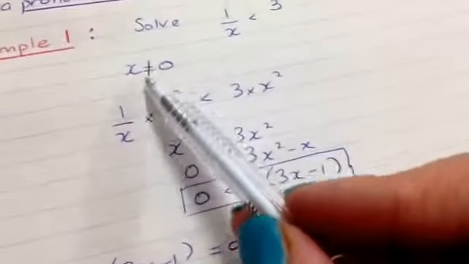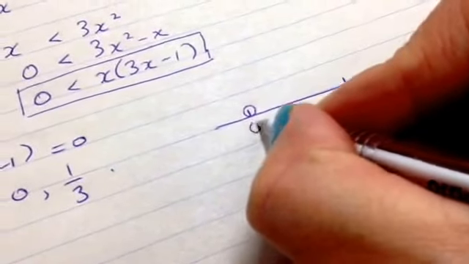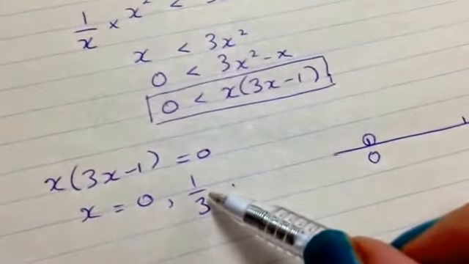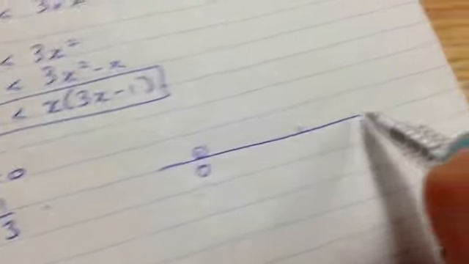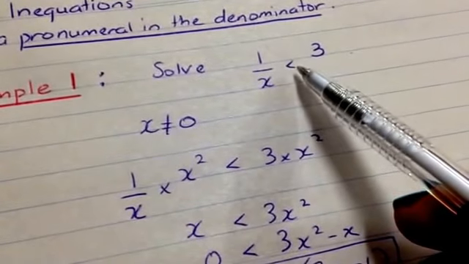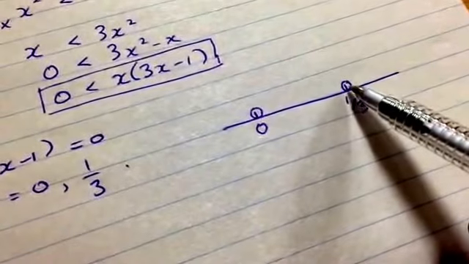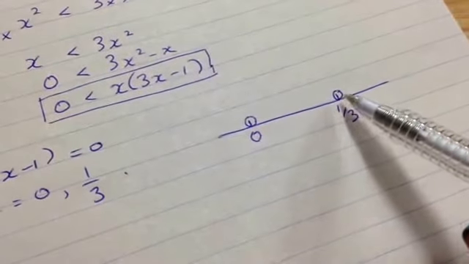Remember that x cannot equal 0, so you're going to have to put an open circle on 0. And on 1/3, you're also going to put another open circle because the inequality is less than, it's not less than or equal to. So it's not equal to, you can't colour in that circle. It doesn't include 1/3.